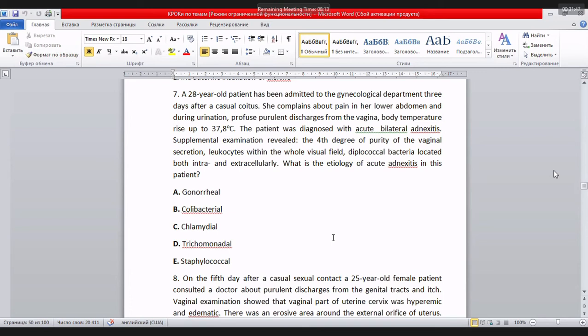Of the ovaries together with the fallopian tubes. Supplemental examination revealed the third degree of purity of the vaginal secretion, leukocytes in the whole visual field. Diplococcal bacteria located both intra and extracellularly. What is the etiology of acute adnexitis in this patient?